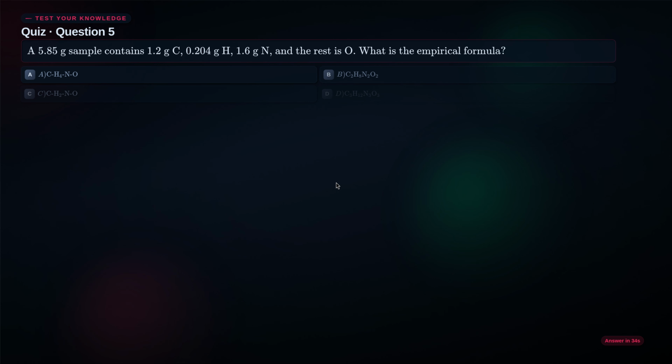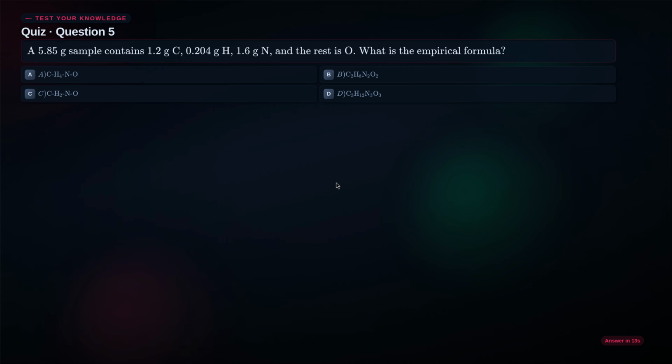Question 5. The final quiz question. A sample of an unknown compound weighing 5.85 grams contains 1.2 grams of carbon, 0.204 grams of hydrogen, and 1.6 grams of nitrogen. The rest is oxygen. What is the empirical formula? Option A, CH4NO.